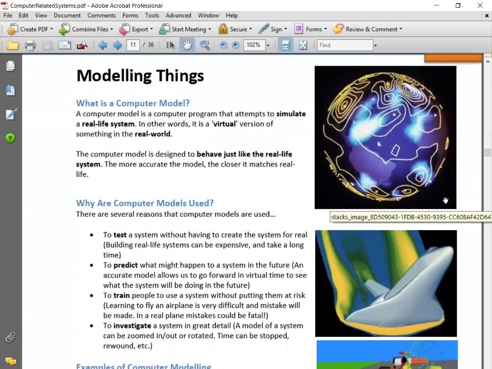Modeling things. The third is the modeling things. Now, before computer 3D models were created, actual 3D physical models of buildings and bridges were created. Why they were created? Obviously there was a reason. They wanted to see how the actual building or bridge will look like.